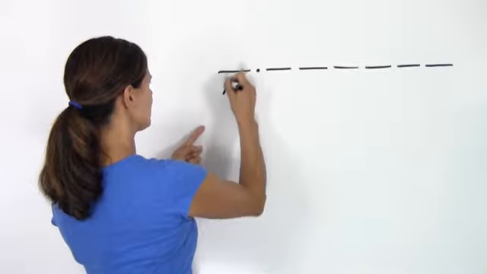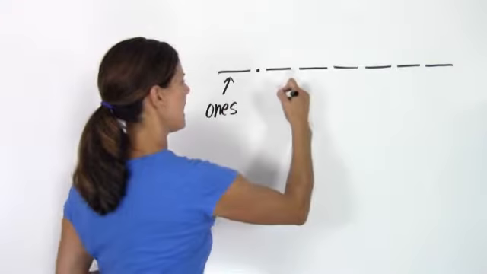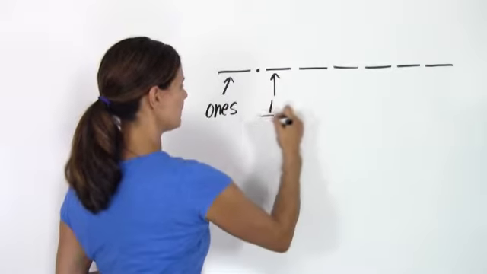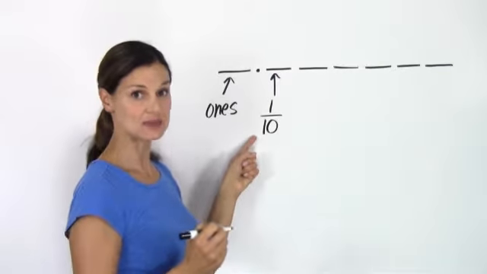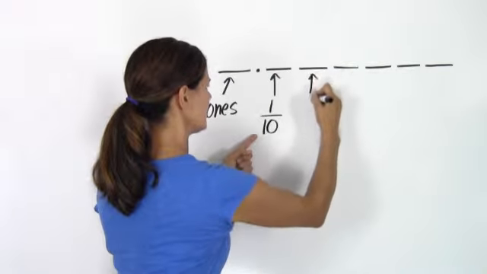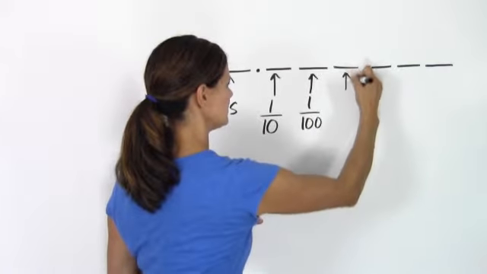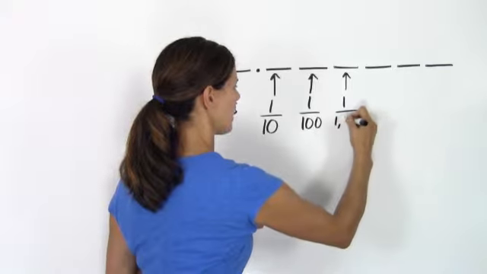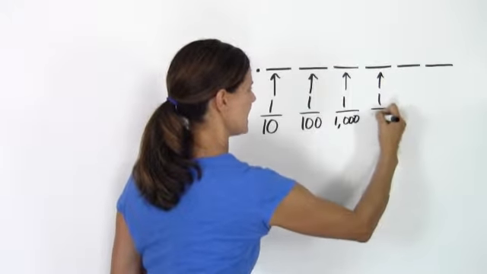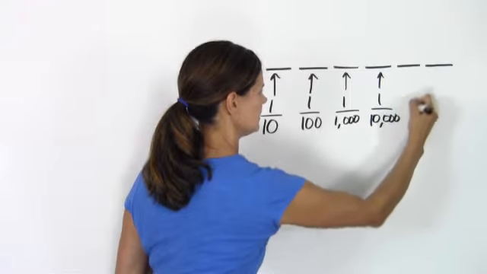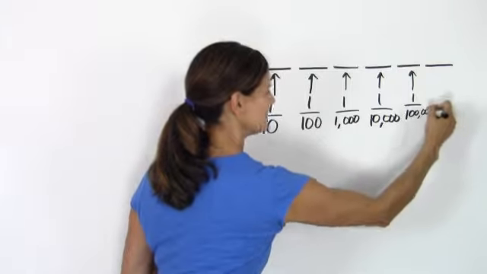So this first one here is my ones place, and then my decimal point. And as we've talked about already, this first number here to the right of the decimal is my tenths place. The next one here is my hundredths place. The next one is going to be my 1,000th place. The next one here is my 10,000th place. The next one is my 100,000th place.